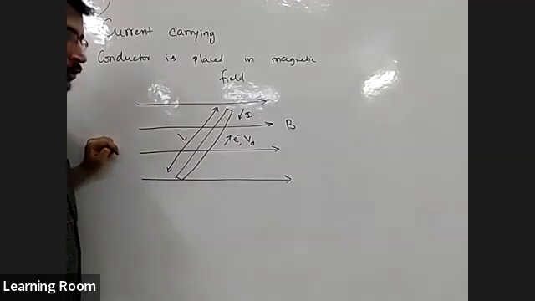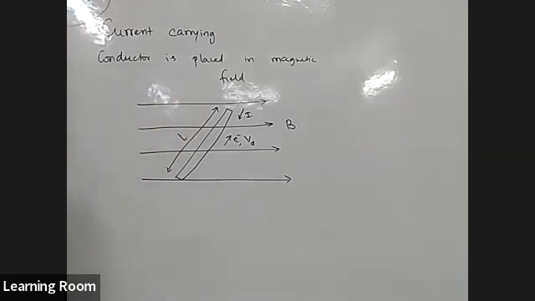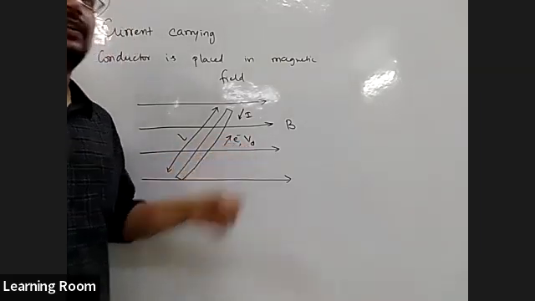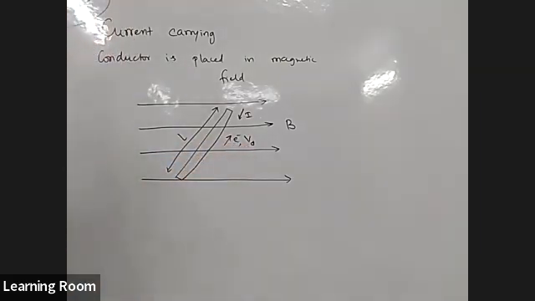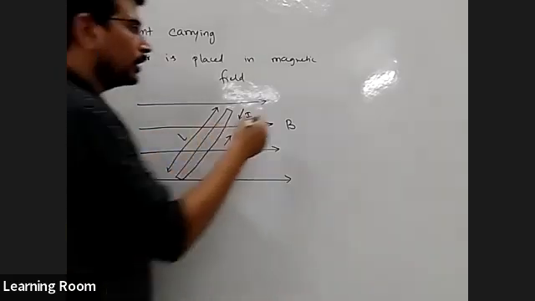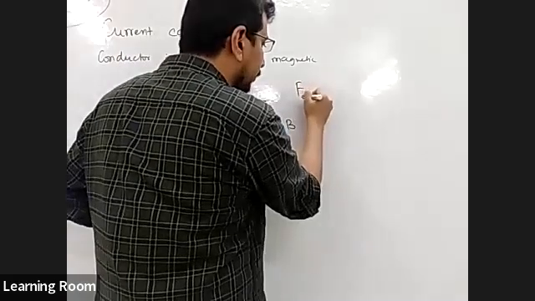Correct? So generally, when you talk about a conductor carrying current within it, then the electrons will start moving with an average value of drift velocity. That's what current electricity told us. Correct? So when this is going to be the scenario, then what is the force experienced by one electron?